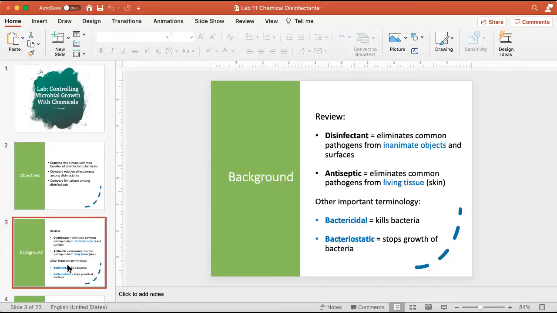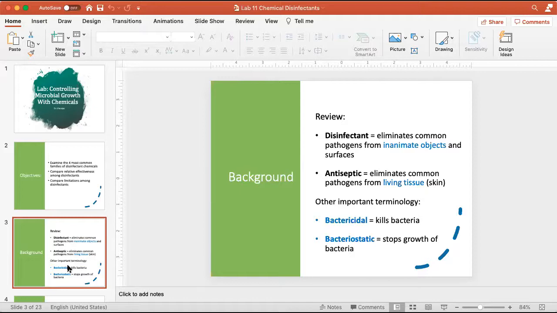So let's start with just a little bit of a vocabulary review. There are a couple of terms that we need to be familiar with specifically today. And again, we discuss a lot of this vocabulary in the lecture. The term disinfectant means something very precise.